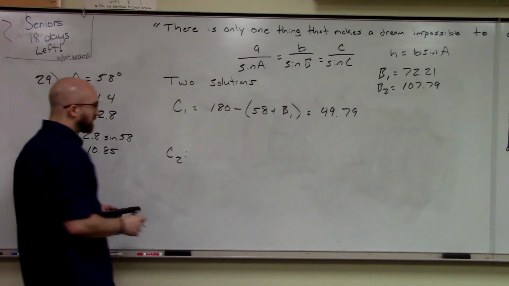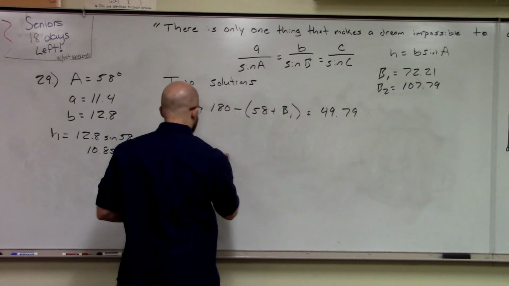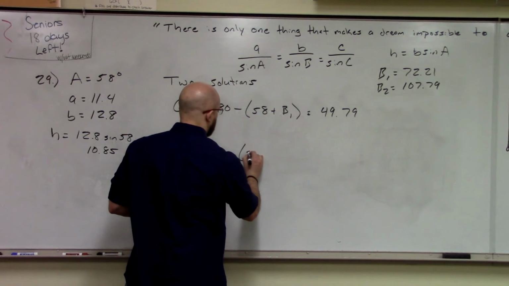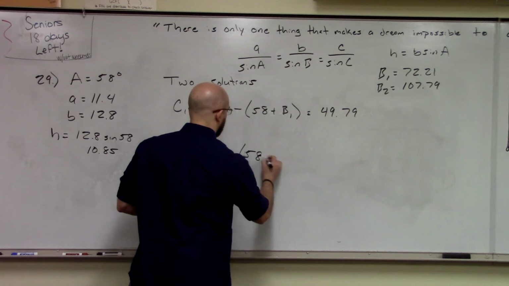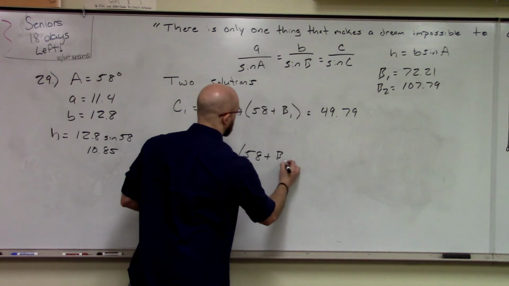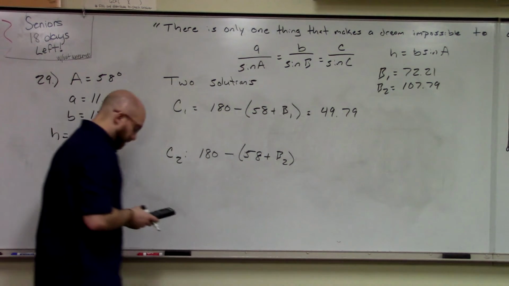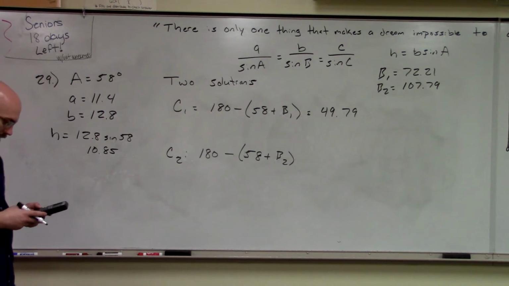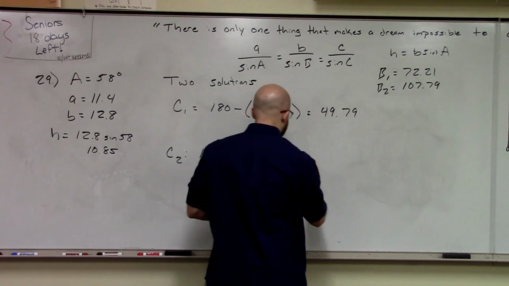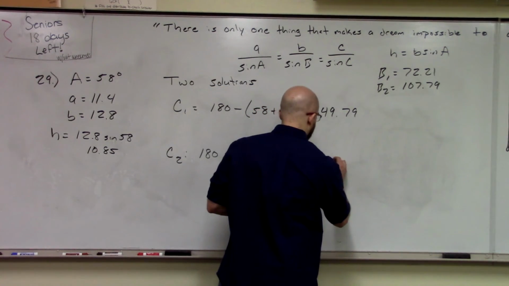For C2, it's kind of the same thing. 180 minus 58 plus B2. And that's going to give us 14.21.